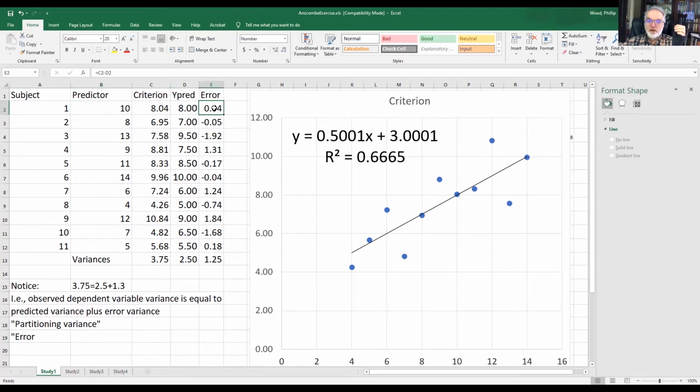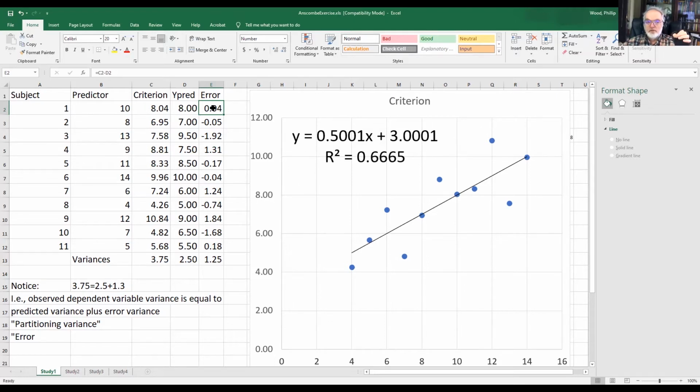So this is a guess of what it would have been on the criterion if everybody in my study had the same predictor value. This is y adjusted for the effects of x.